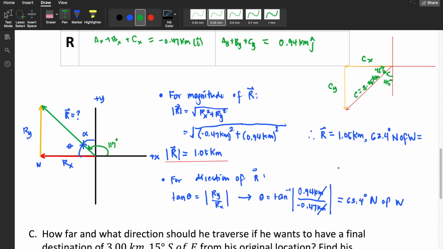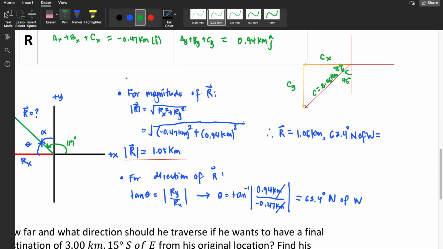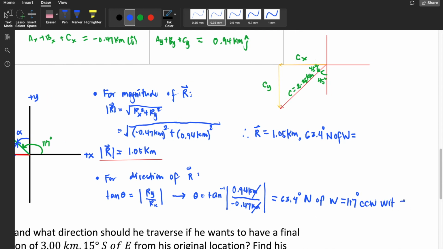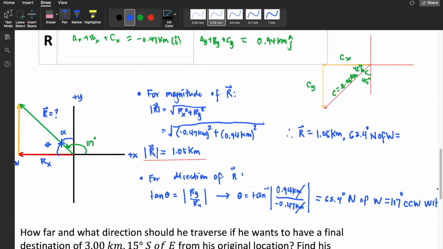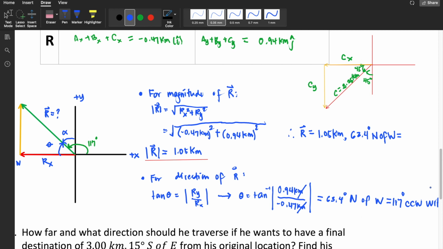So you can use 117 degrees. Its direction can also be 117 degrees counterclockwise with respect to the positive x-axis. There are a lot of ways of expressing its direction.